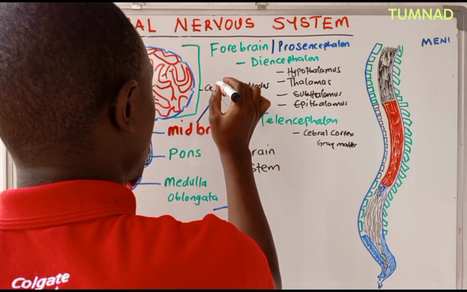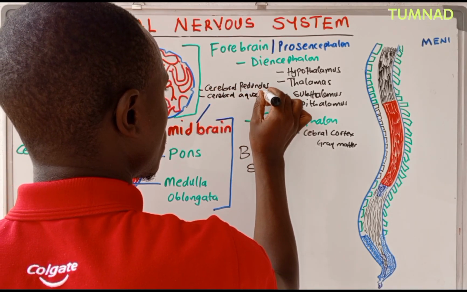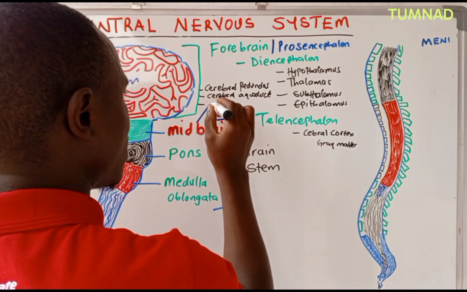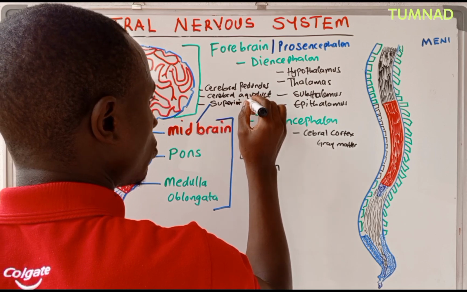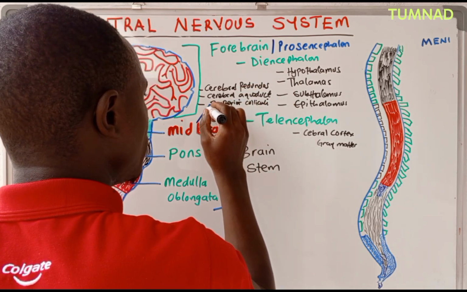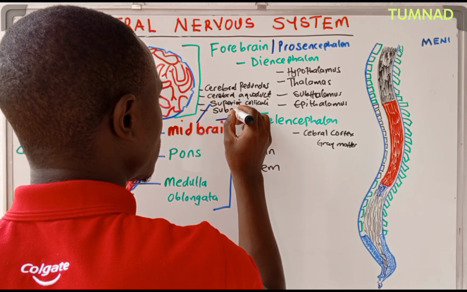We are going to see other structures like the cerebral aqueduct. We are also going to see structures like the superior colliculi, and the substantia nigra.